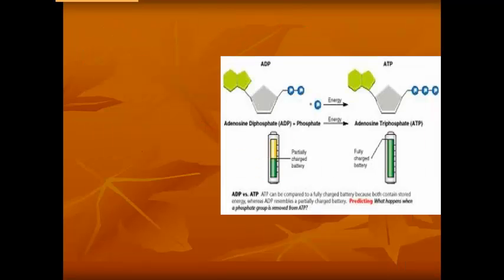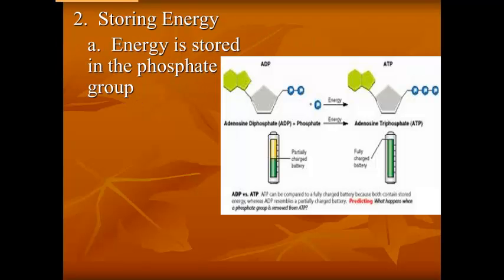Now, our energy, depending on how much we have used, we can store in several different forms. So when we store energy, we are going to store energy in one of 3 chemical compounds, and ATP would be the best one, and we'll explain why here in just a moment. But energy is stored in our phosphate groups. So you notice that this is a D for di, like a disaccharide.